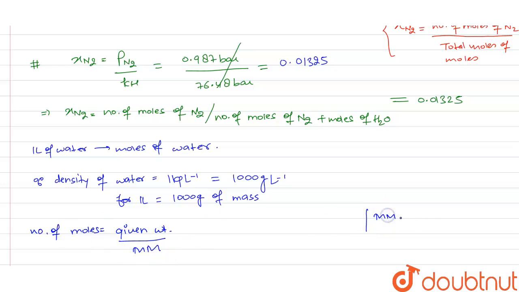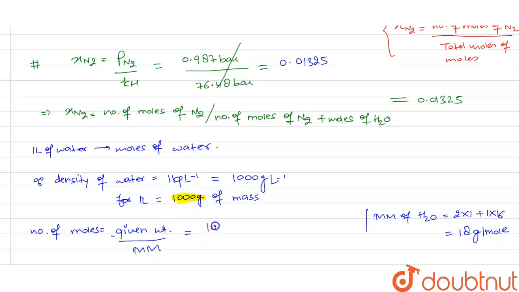So for water, as per the periodic table, the atomic mass of hydrogen is 1 and that of oxygen is 16, so it will be 18 gram per mole. That will be the molecular mass of water. Now we have the given mass of water, that is 1000 gram.